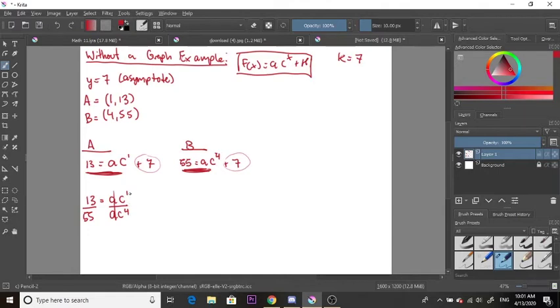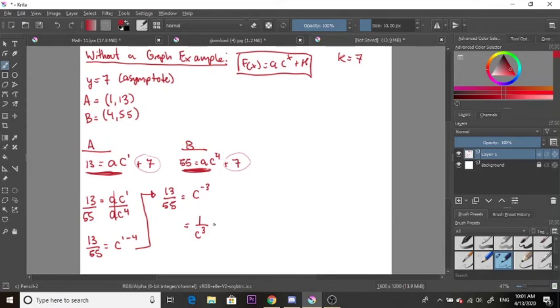This c here, I'm just going to leave this as is for now, this becomes c to the 1 minus 4. I'll bring this up here, which then becomes c to the negative 3, which then we can turn into a fraction, which is 1 over c cubed.